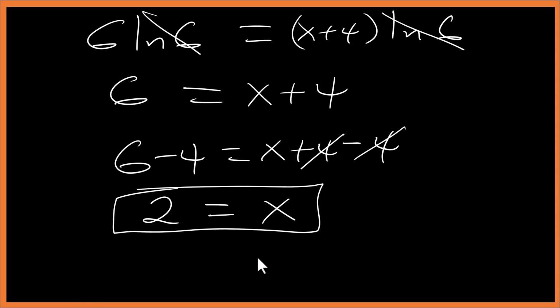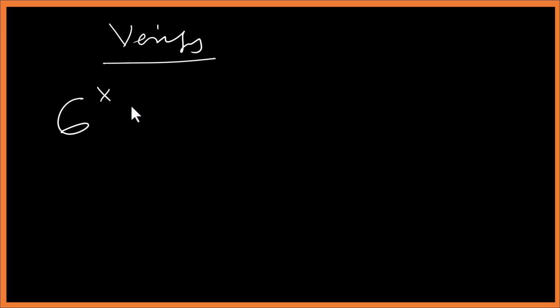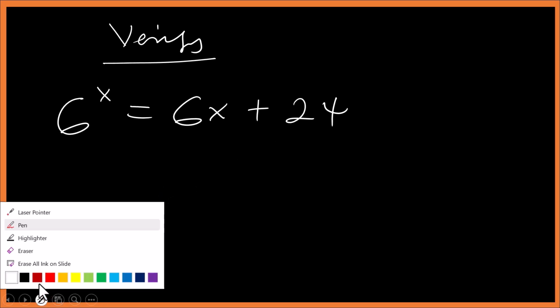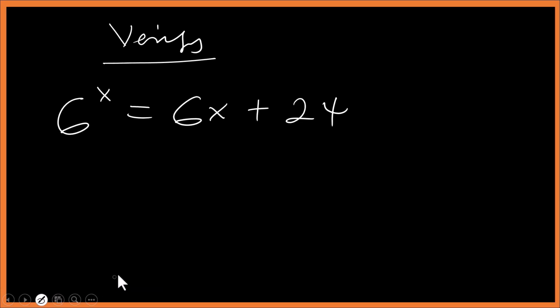Okay, so let's verify. We have 6 raised to x equals 6x plus 24. My x is equal to 2.